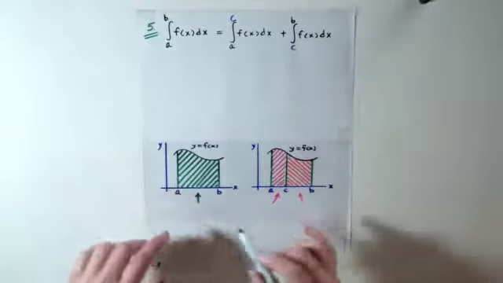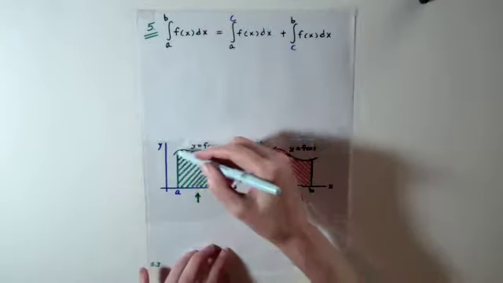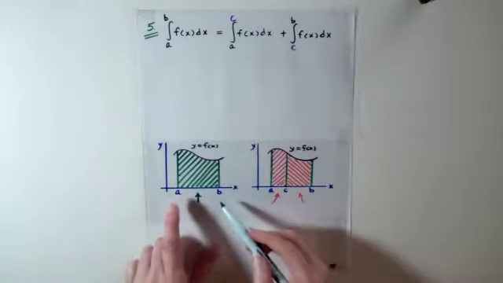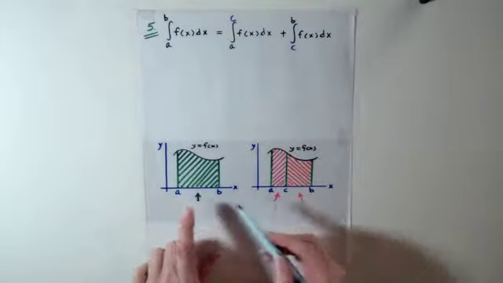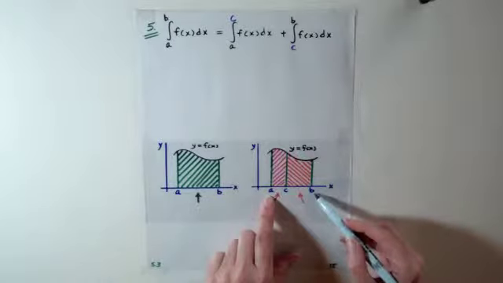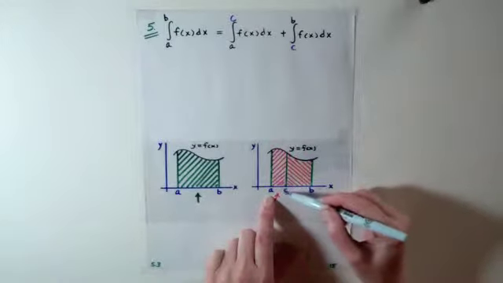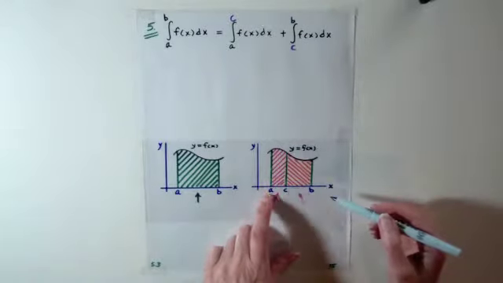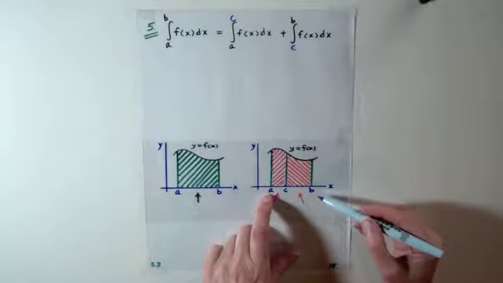So if you want to, think of it in terms of pictures. Here I have a graph of f, and here's the same graph of f. Here's the interval from a to b on this picture, and here's the interval from a to b on this picture. And c is some intermediate point, at least on my picture, between a and b.